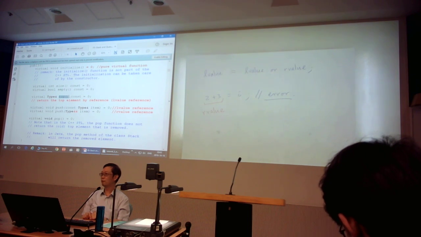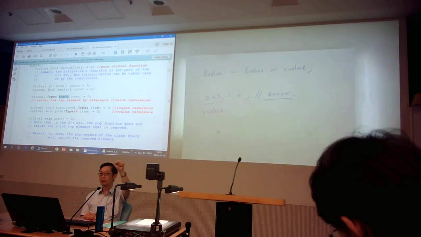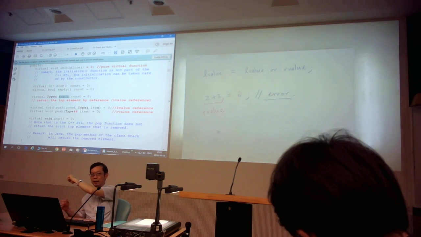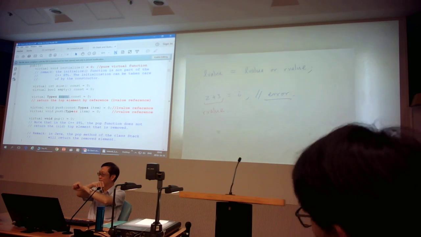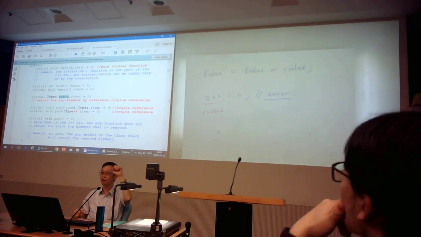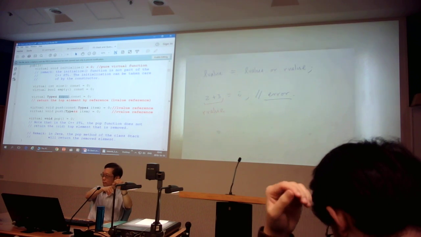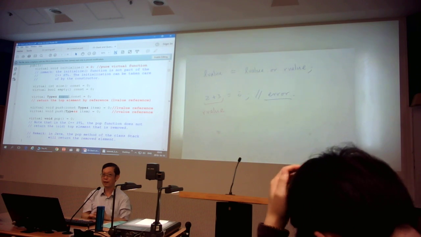Without this feature, if you want to replace the top element, you need to pop the top element and then put in the new one, so you need to do it in 2 steps. But if the top function returns the top element by reference, then you can do it in 1 step.